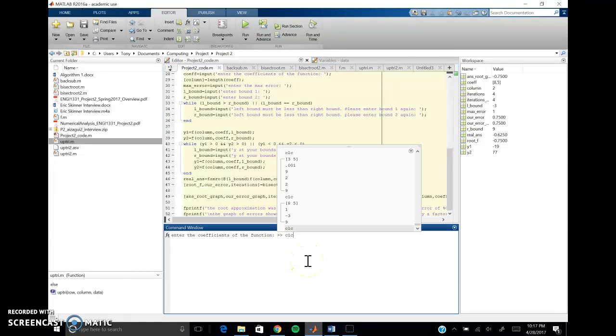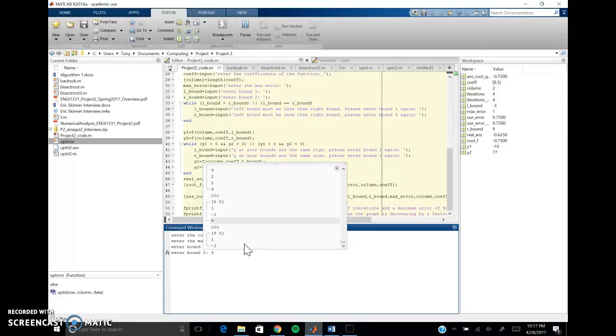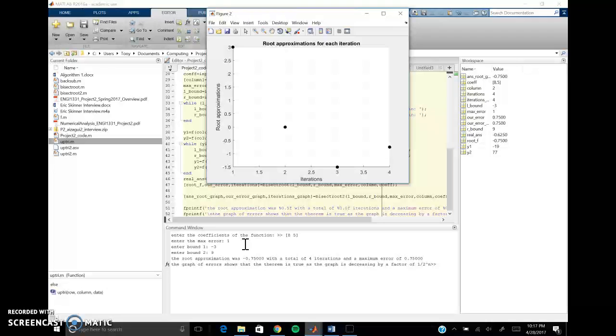So here we have put in just a simple equation, 8x plus 5. Enter the max error, give it a 1, a negative 3 because my left bound has to be smaller than my right bound, and a right bound. MATLAB works, and here is my root approximation and number of iterations.